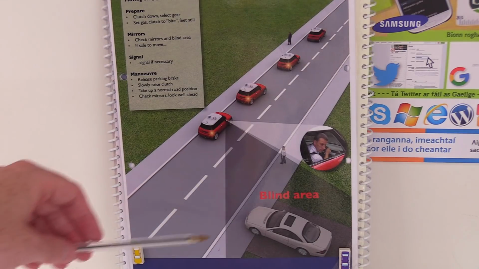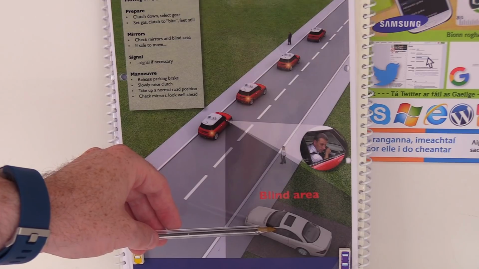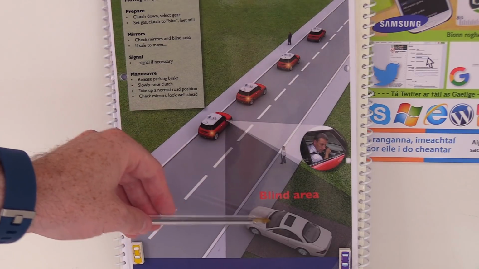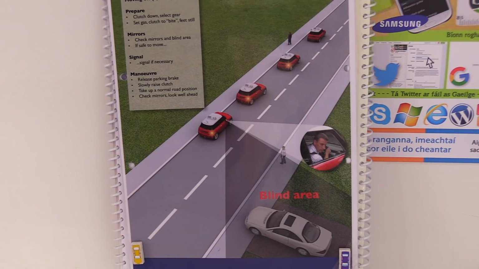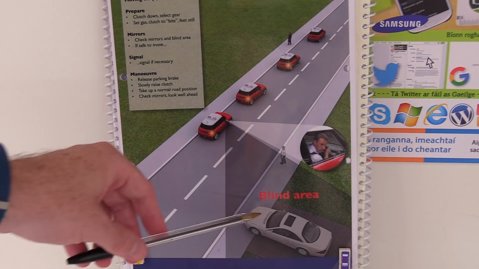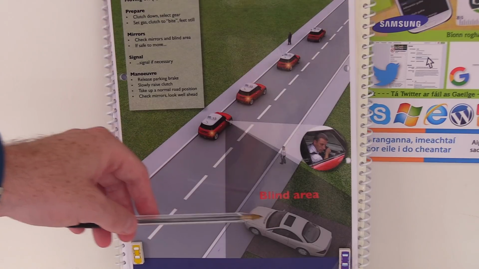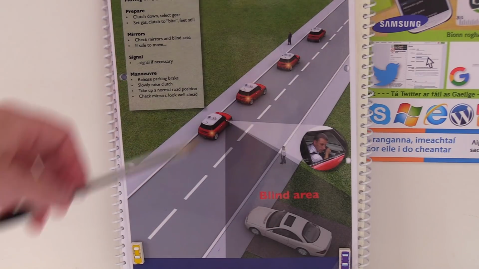But he won't see this car here pulling out, or this car here about to pull out, unless the driver checks his blind spot, and that is giving a good enthusiastic look over the right shoulder, as I demonstrated a few seconds ago. That's the only way to make sure that you've got good all-round observation before you pull away.